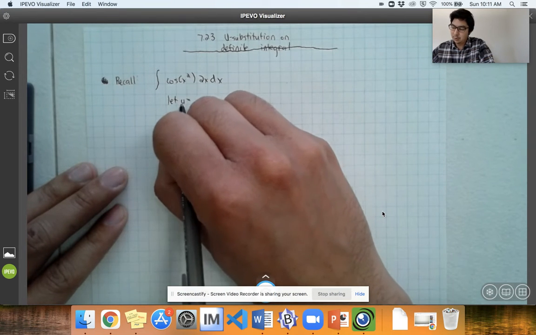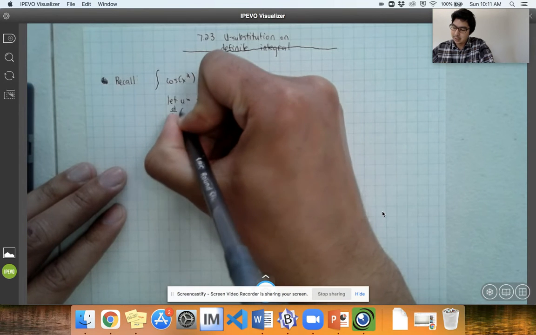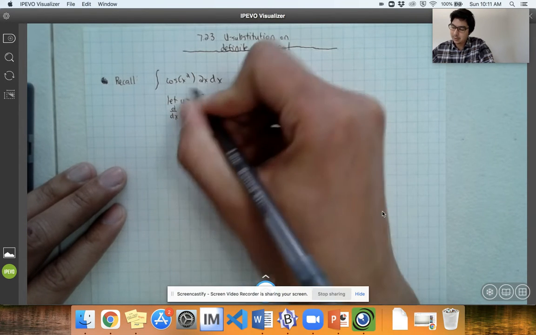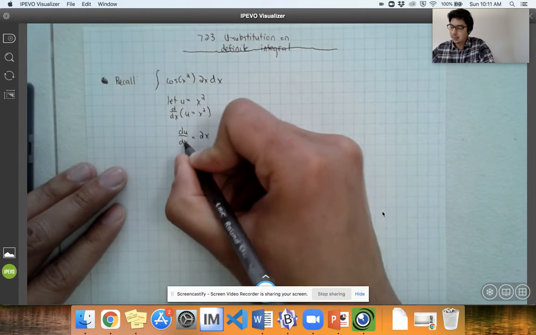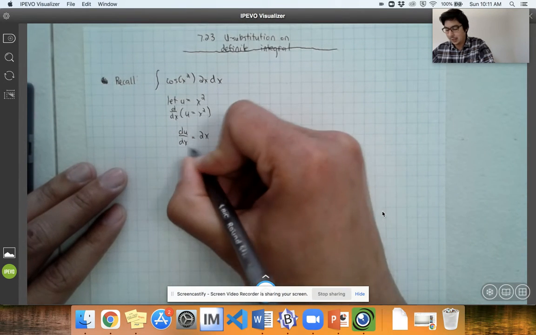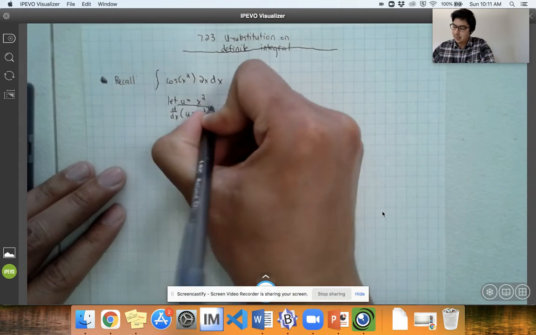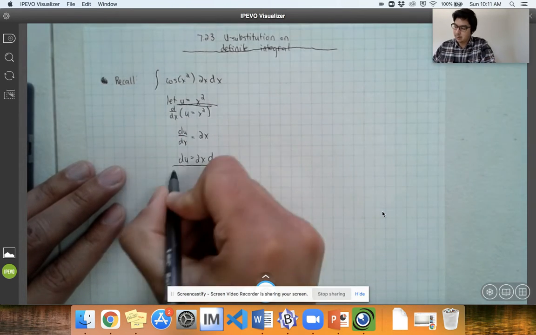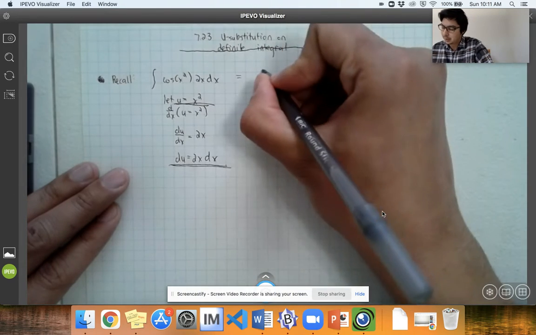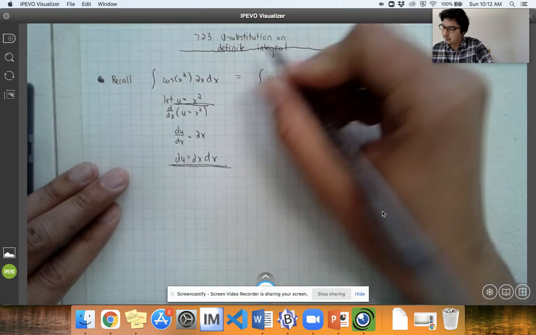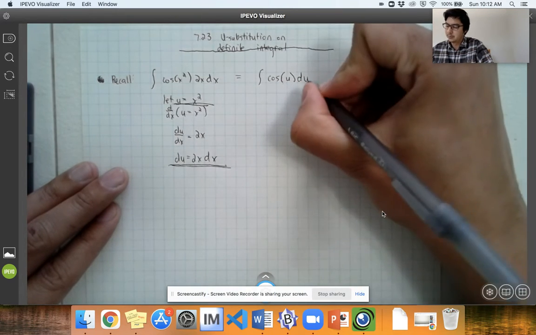So u here is going to be x squared, where if we differentiate both sides with respect to x, you get du/dx equals 2x, and then multiplying the dx to the other side, you get du equals 2x dx. These two lines, u equals x squared and du equals 2x dx, help us rewrite this integral as cosine of u, and then the 2x dx, we can just write du.